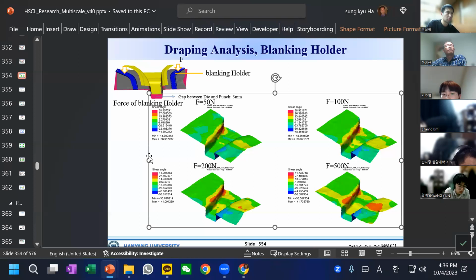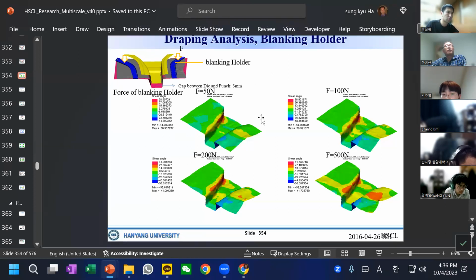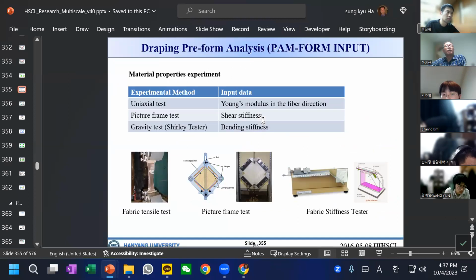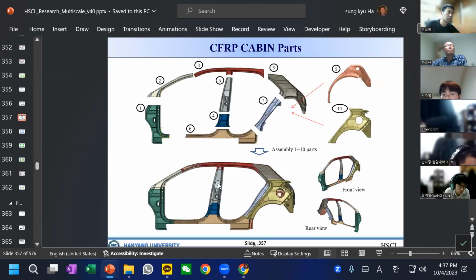So this is a draping analysis, the same procedure as before. And yes, it's called a cabin. But as you can see, each part can have a different preforming, and then they go into one big piece.